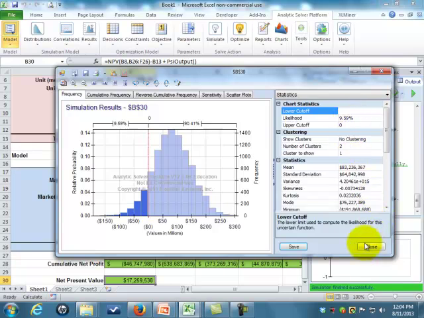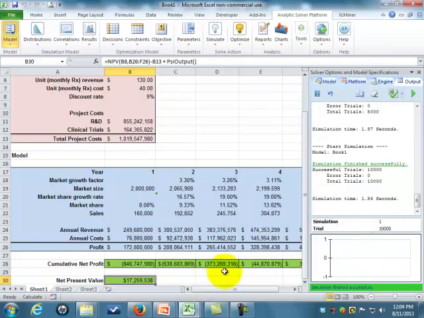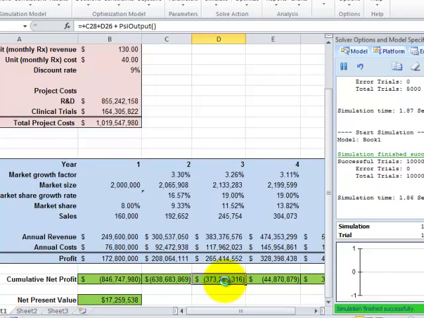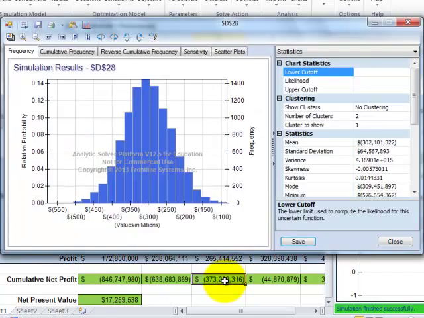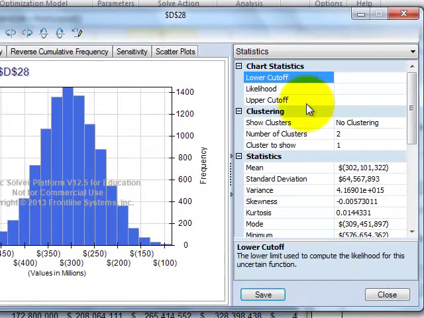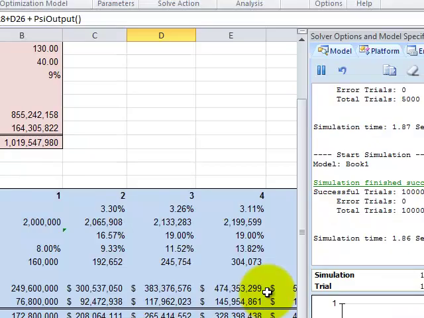So the second question it asked us was, what's the probability that you'll have cumulative favorable net profits by the 3rd year? So let's click on that. And here we want to say the lower cutoff is 0. Tell us the probability.